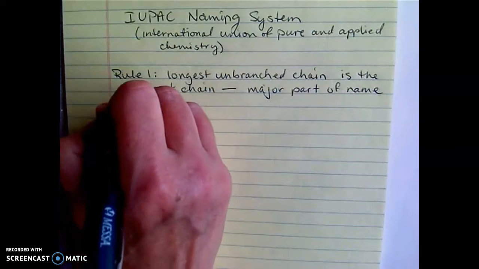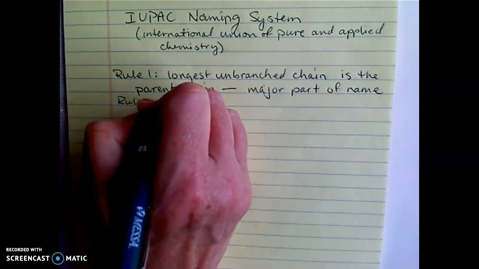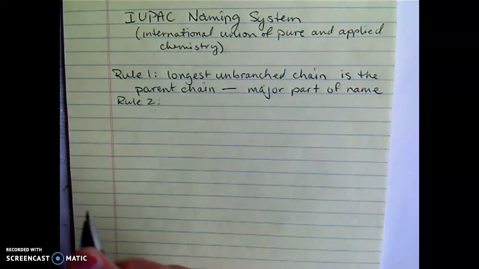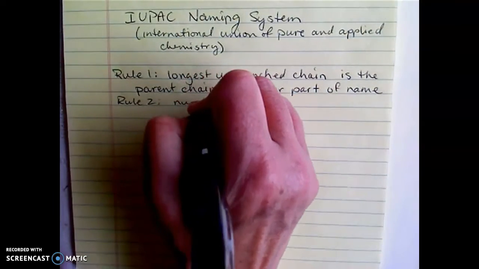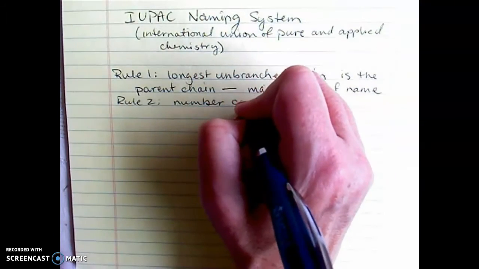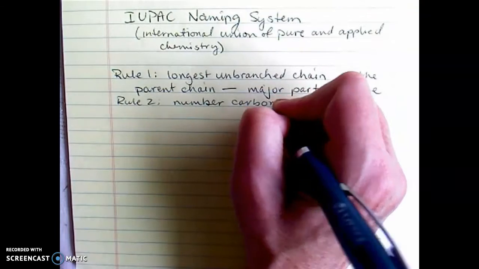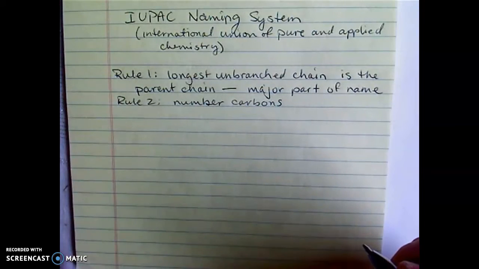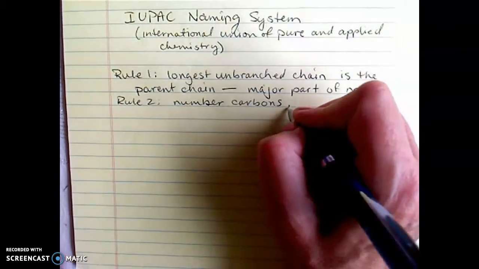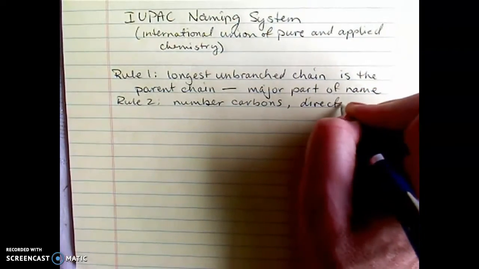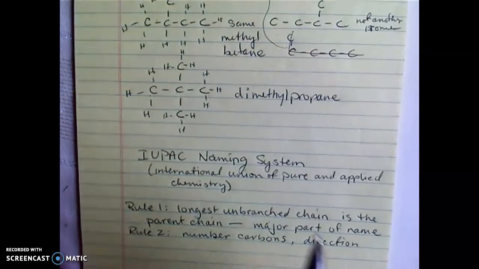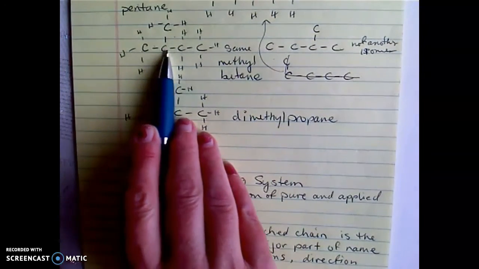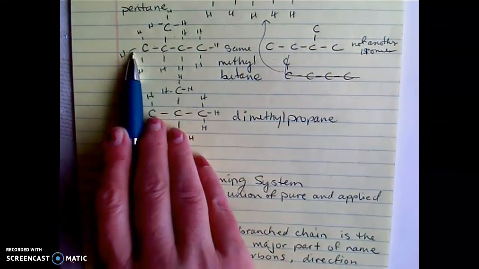Rule number 2. You number the carbons. Because we have to figure out how many we have, of course, in order to name it. And then what you want to do is give the direction. So, if we go back up here, how do we know how to name it? Do we go 1, 2, 3, 4, 1, 2, 3, 4?